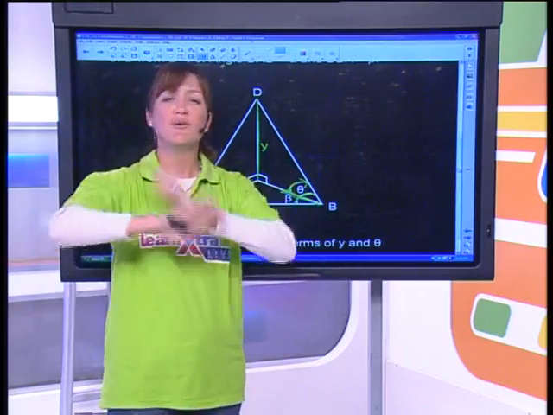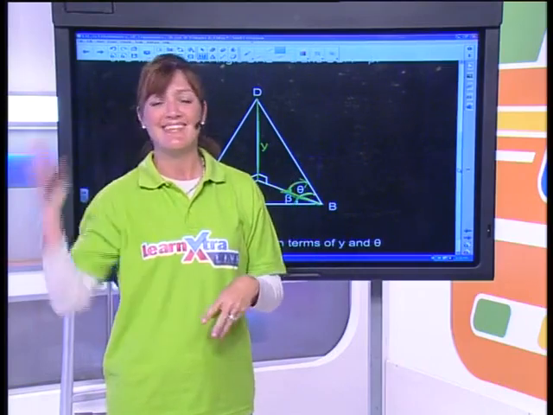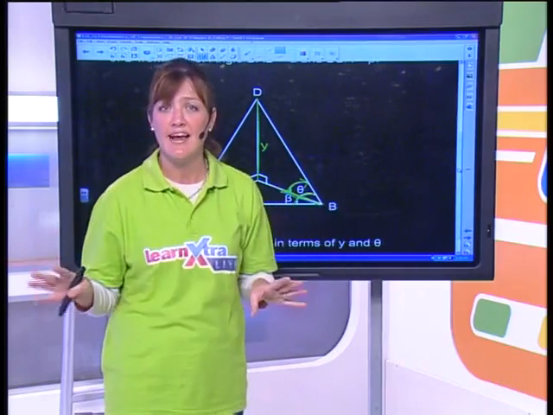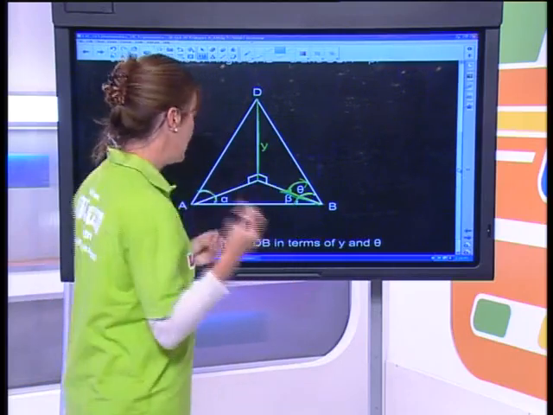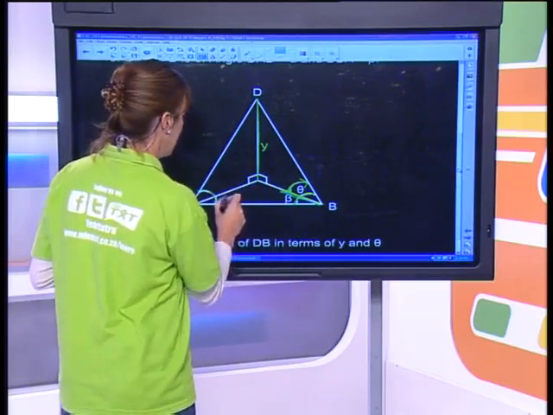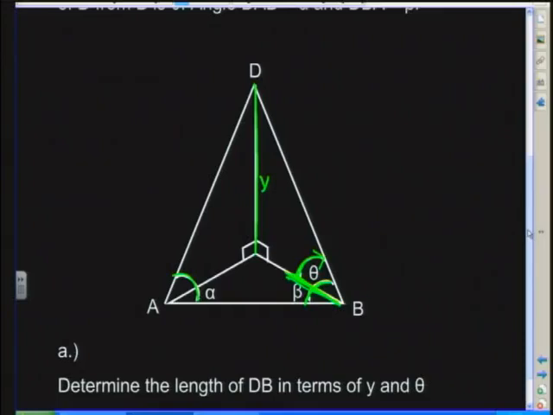Before you try to find any missing sides or apply the sine or cos rule, find missing angles. If that's alpha and that's beta, this angle over here is 180 minus alpha plus beta, because they're the interior angles of a triangle.